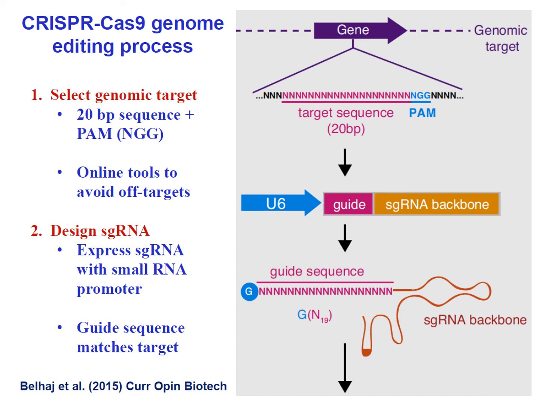The first nucleotide in the guide sequence is guanine if U6 promoter is used, or adenine if U3 promoter is used. The guide sequence should match the target, except for the first nucleotide that does not have to match.